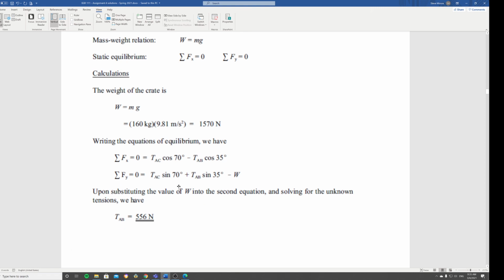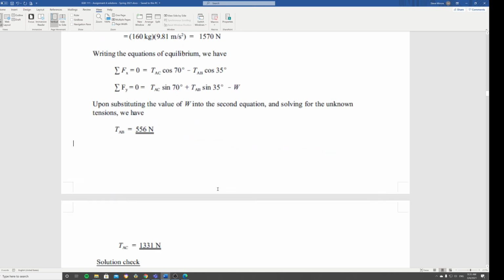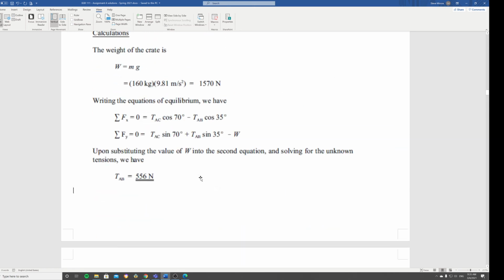The same idea applies for the positive y components: TAC sine of 70 and TAB sine of 35, and then minus W. In this case, there's a step that's missing, and I'll do that by hand to show you that.